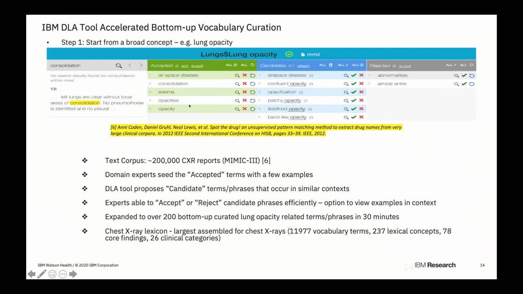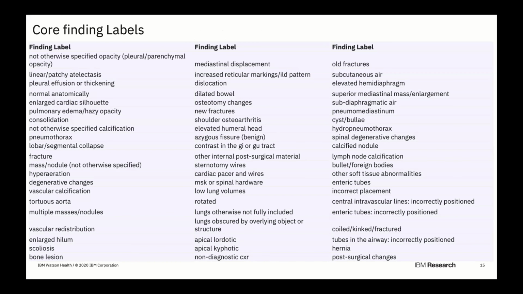This is a tool called a domain learning assistant, which is used by clinicians to rapidly expand the vocabulary. Much of this work we described in the EMNLP publication last year. So based on that, we gave rise to a whole bunch of finding labels. Some of them are documented here.